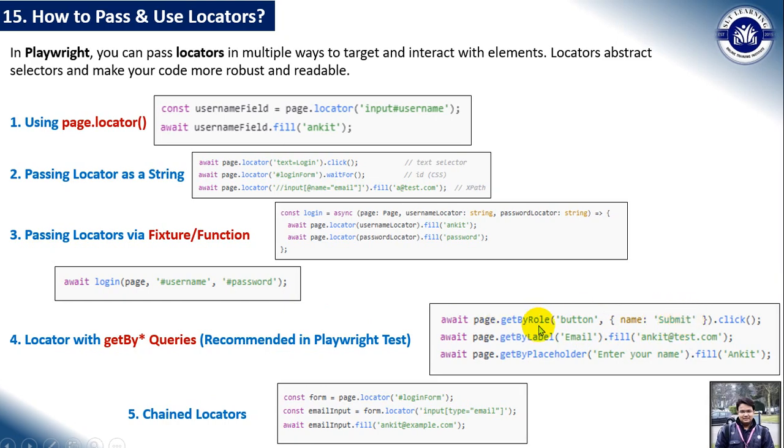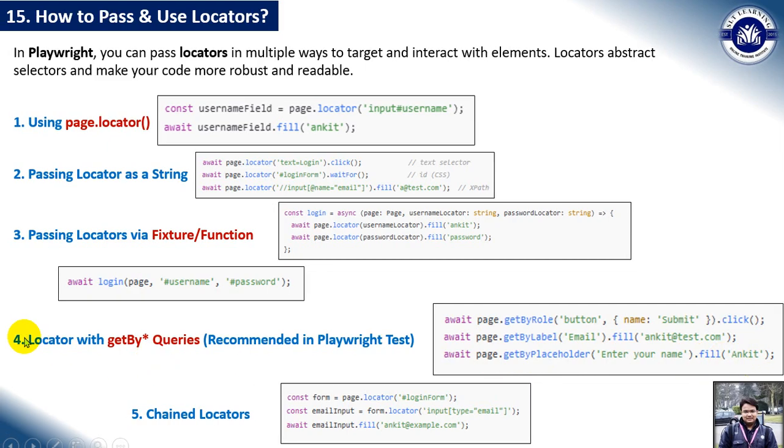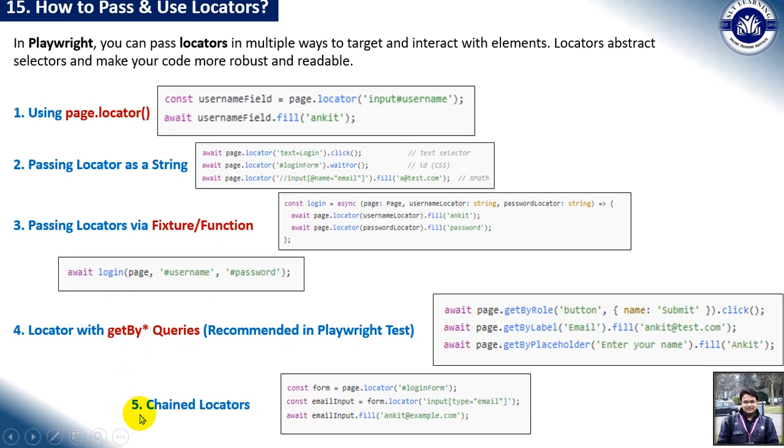Okay, so you can find that particular thing. getByLabel means if the label has this particular email, then it will go and fill this particular value. getByPlaceholder means if "enter your..." is the placeholder in a text field, it will find it, and if it finds it, it will fill up this value. Okay, so this is one more. I will add one more separate question for this particular thing. This is very useful, the getBy queries you can use in Playwright.